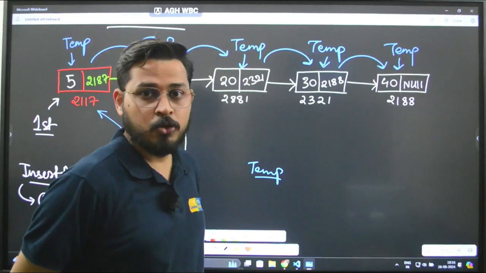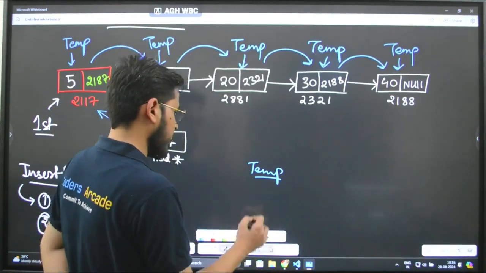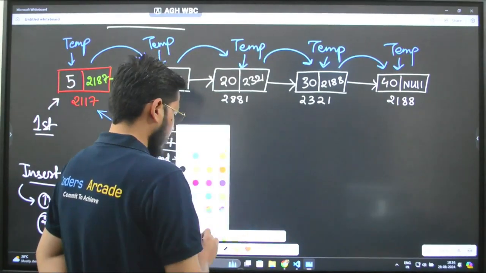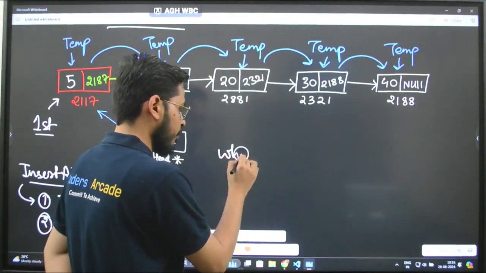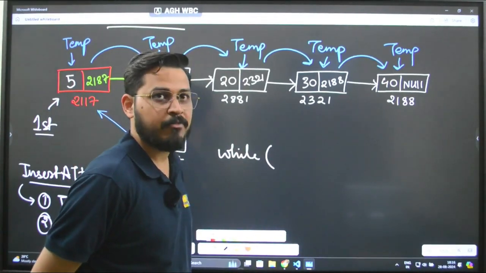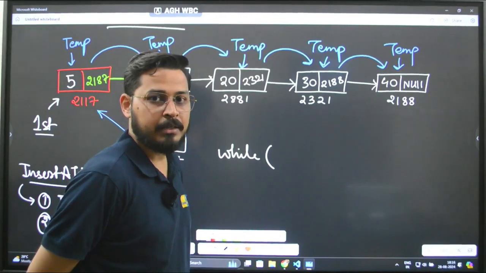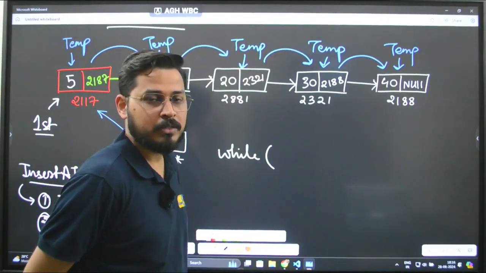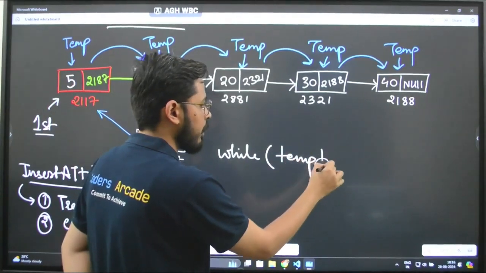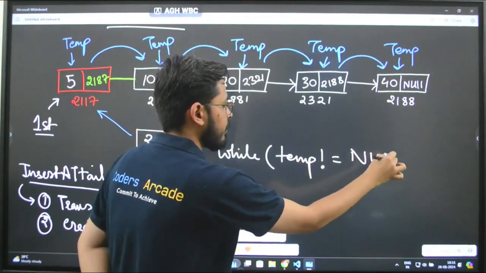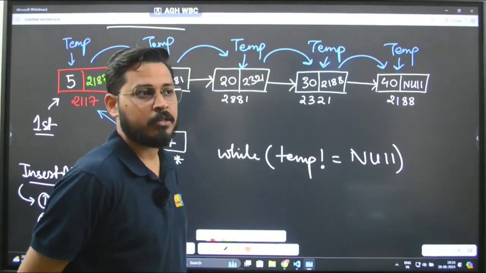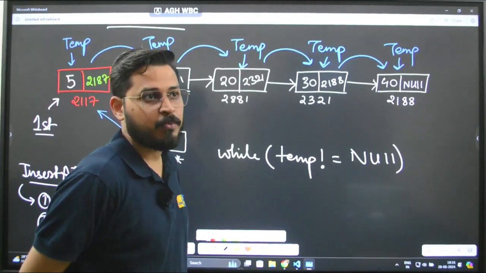Till when do I need to go? I'll put it inside a while loop, correct? In our display function, I was writing the code that temp is not equals to null. This is what I have written in our previous display traversal function.